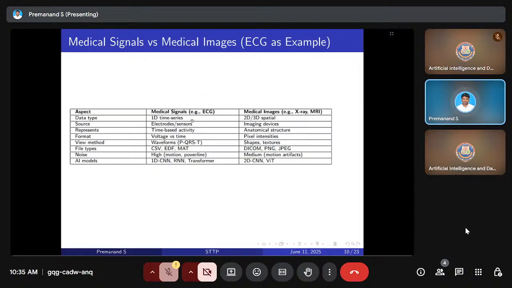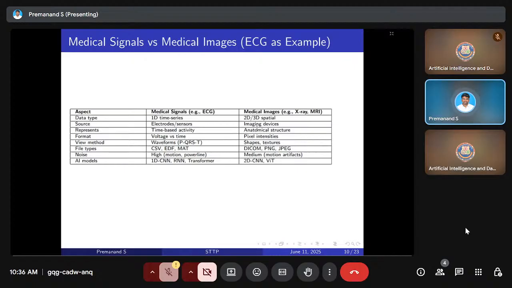The major differences between medical signals and medical images: first, with respect to data type, that is 1D, and here 2D, or rarely 3D. Second, 1D signals can be acquired with the help of electrodes or sensors, while images come from an imaging device like an MRI device.